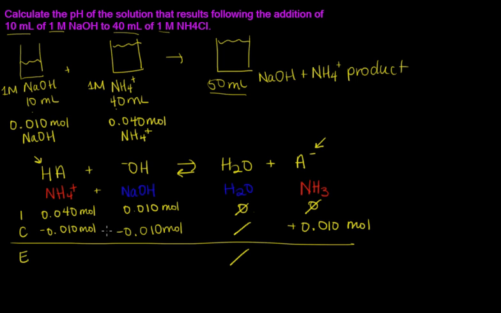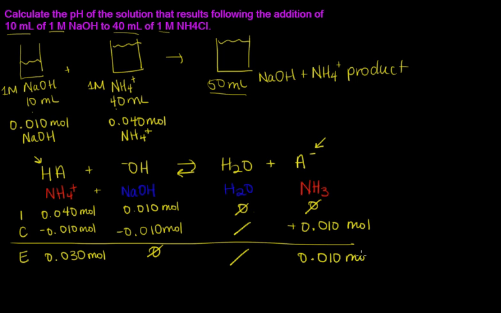We're losing and gaining the same amounts. So it gives us an equilibrium value of 0.030 moles of HA, no moles of OH minus, water doesn't have a concentration, and 0.010 moles of A minus.